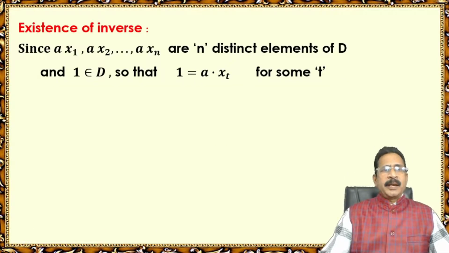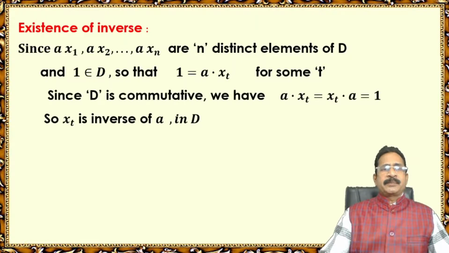Since a x1, a x2 and so on a xn are n distinct elements of D and 1 is also an element of D, this 1 must be equal to one of these n products. Let xt belong to D such that 1 is equal to a into xt.